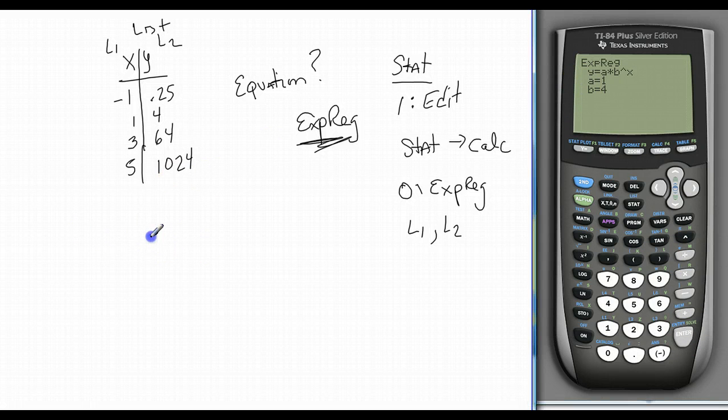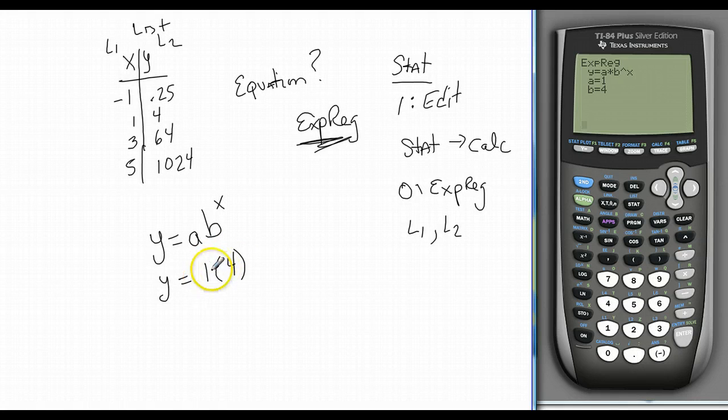Now remember, we talked about exponential equations being in this form, y equals a b to the x, where a could be a number and b is another number, x is my variable. Now in here they're telling me a is 1, b is 4. So when I write down my equation, y equals 1 times 4 to the x power.